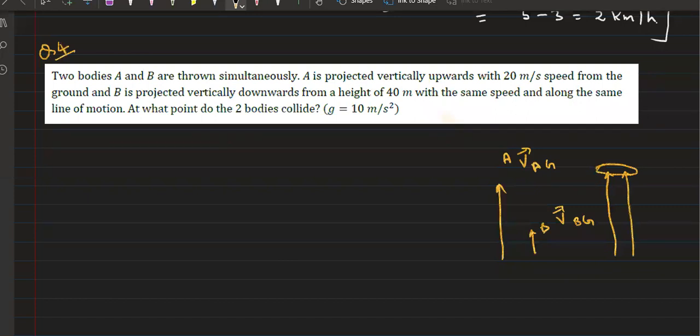Yes or no? There are two approaches, one without relative motion and one with relative motion. If you think without relative motion, you can say that they will collide when they are at the same position, obviously at the same time. Yes or no?